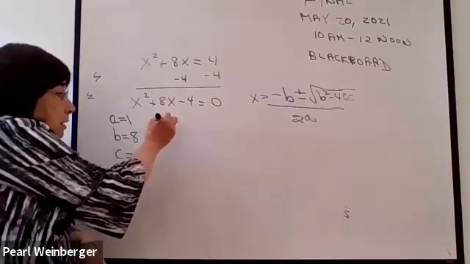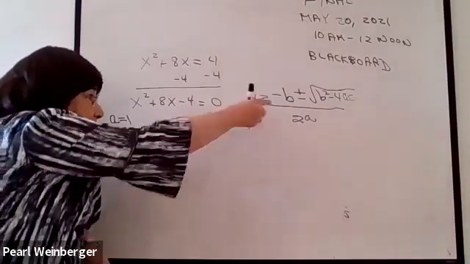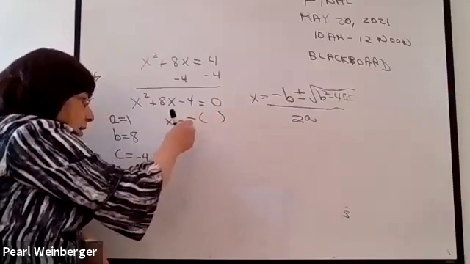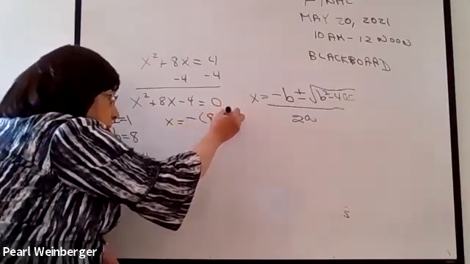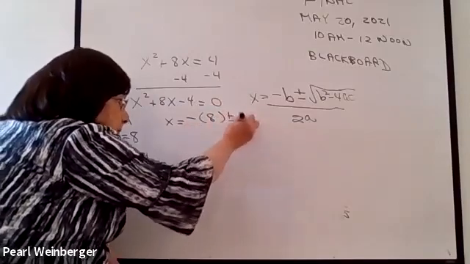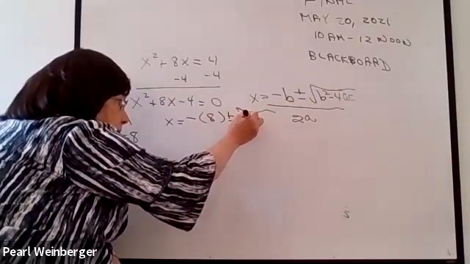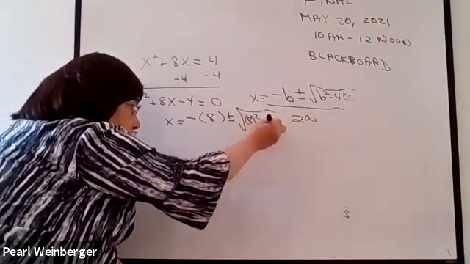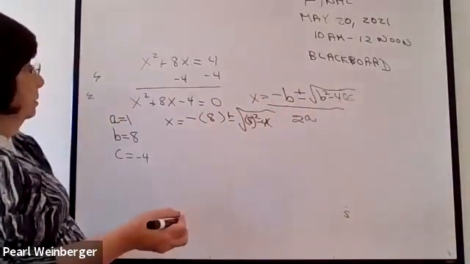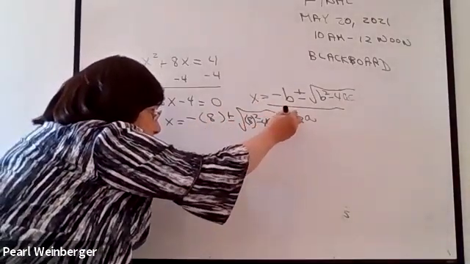And here I stick it into my formula. So it's -b. So here's my negative and here's my b. My b is 8, plus or minus the square root of b squared, so that's the 8 squared, minus 4 times 1 times -4.